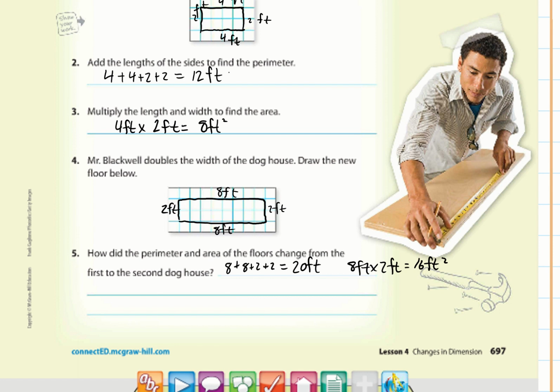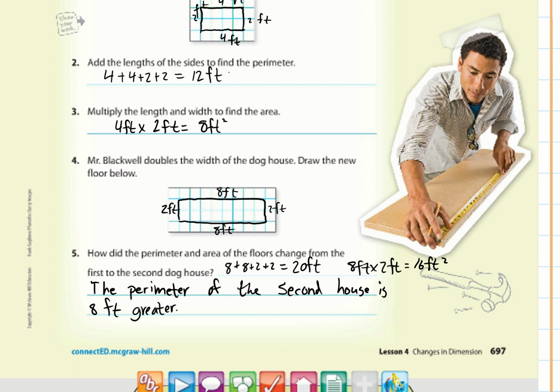So the perimeter of the second house is 8 feet greater.